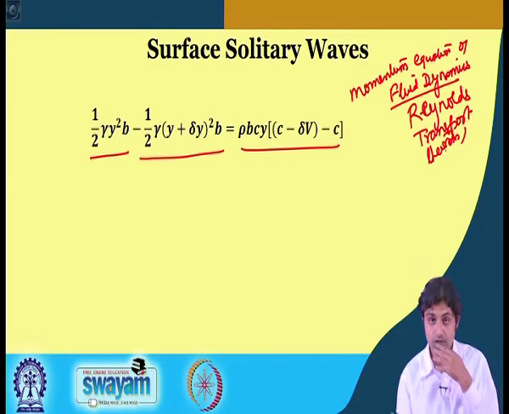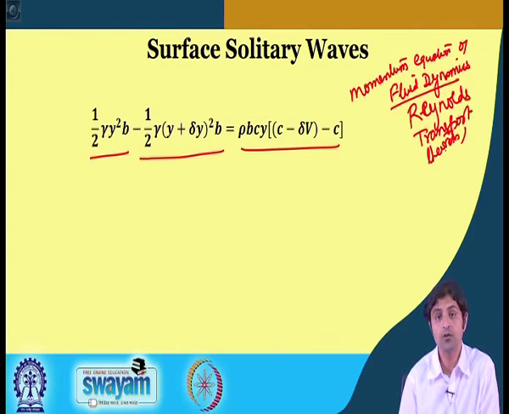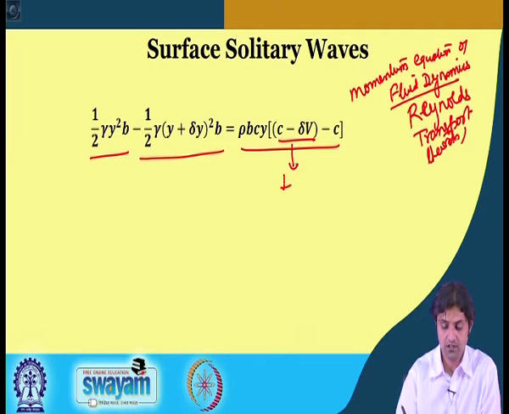So, mass flow rate into the velocity change. The left hand side had c minus delta v, and this was the right side.